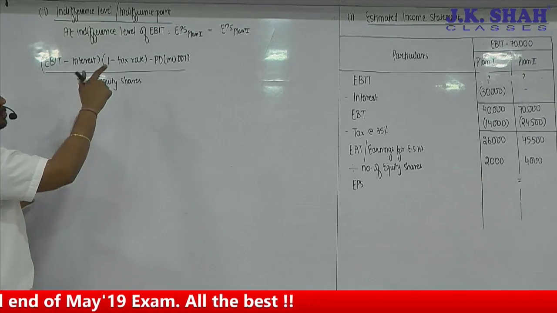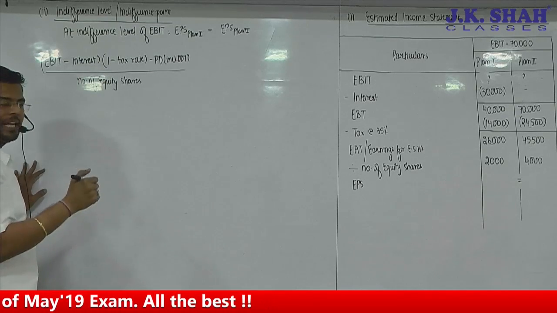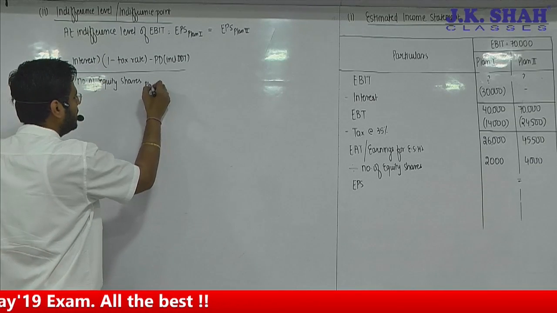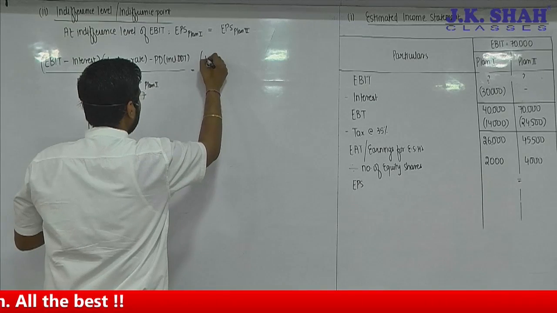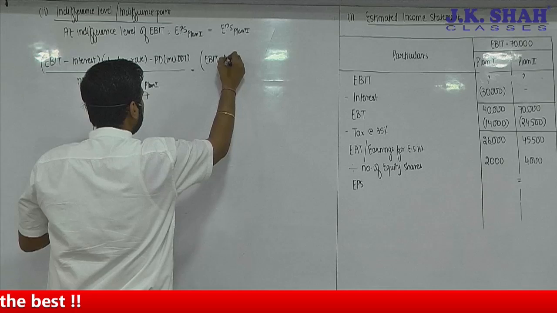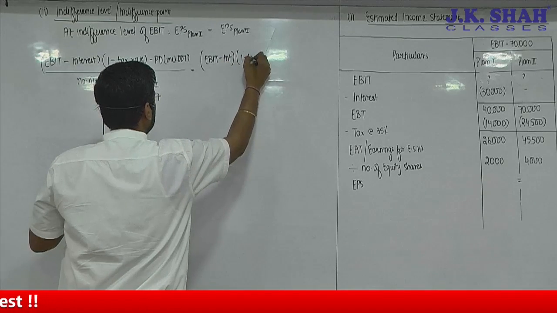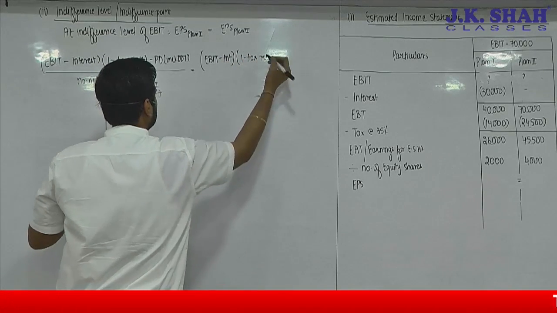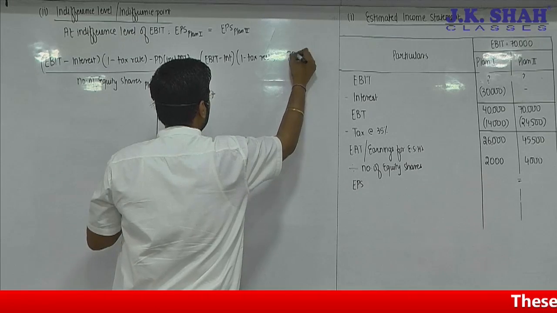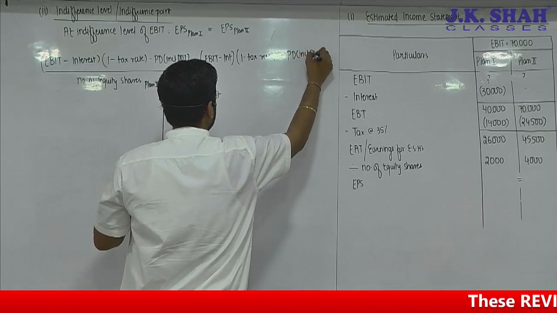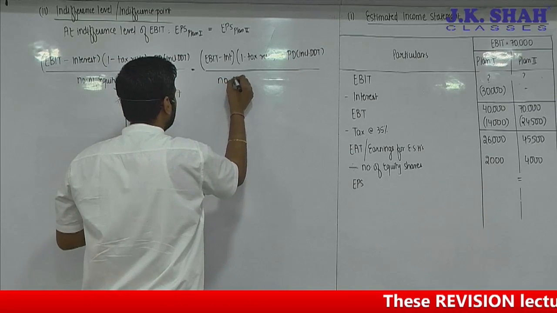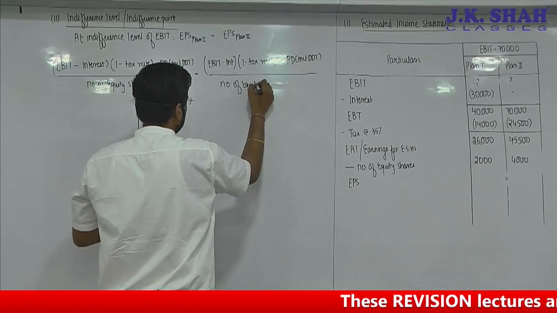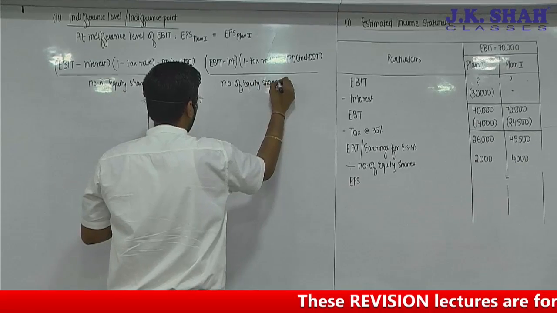But my objective is to make EPS of both the plans the same. So we have this as plan 1. The same equation we will write here as EBIT minus interest into 1 minus tax rate, minus the preference dividend including the DDT, the whole divided by the number of equity shares of plan 2.